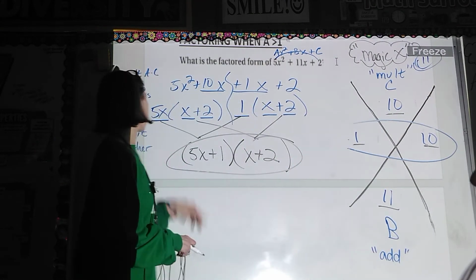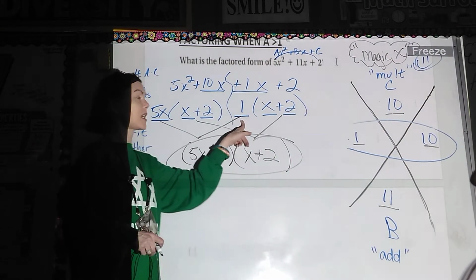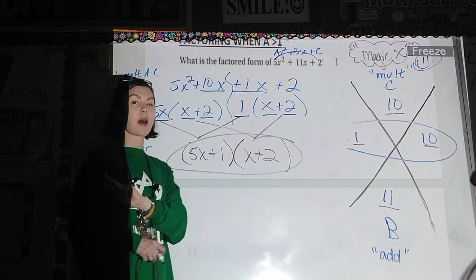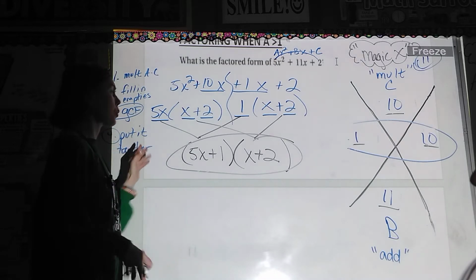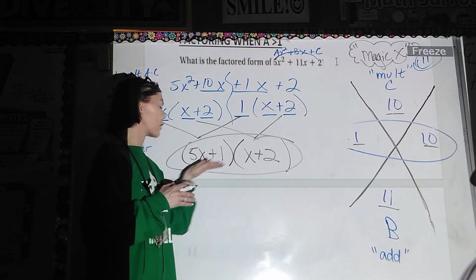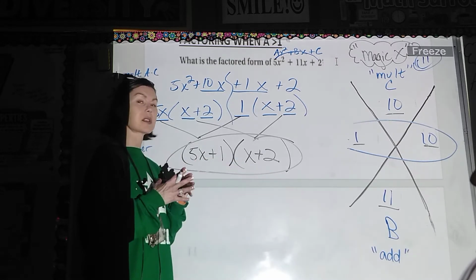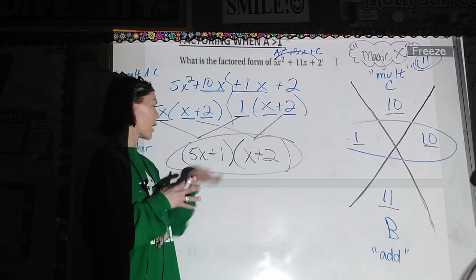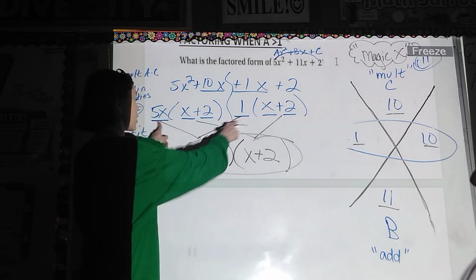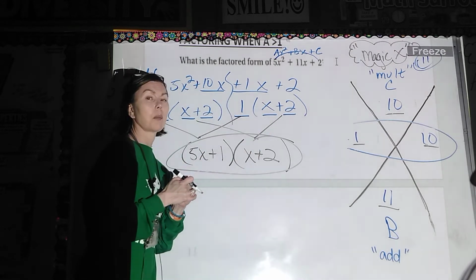Then step 3 was pulling out the GCF. You already know how to do GCF. Pulling out the GCF, and then step 4 was putting the two binomials together, the factored form, the two binomials that when multiplied together would give you the original. We used the two GCFs and then the two binomials.